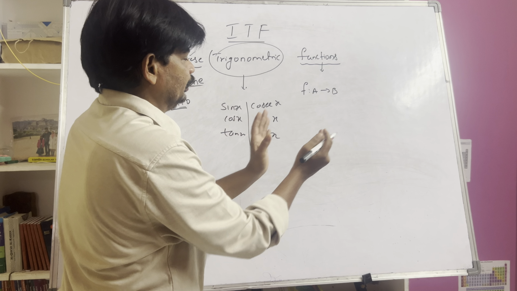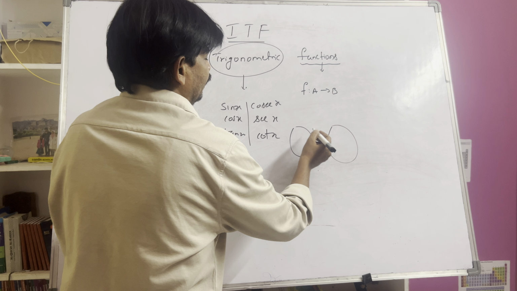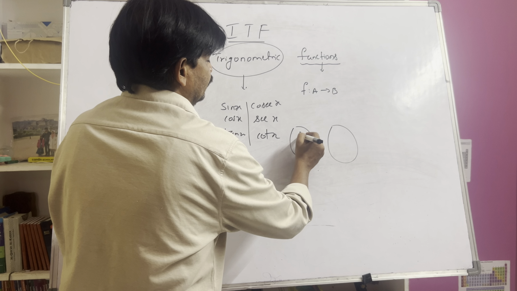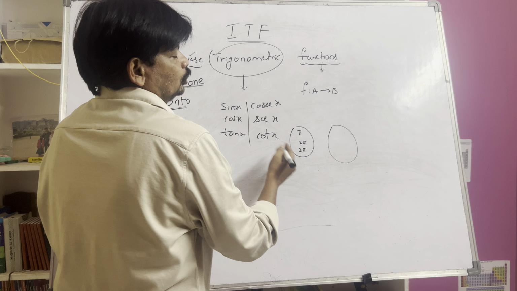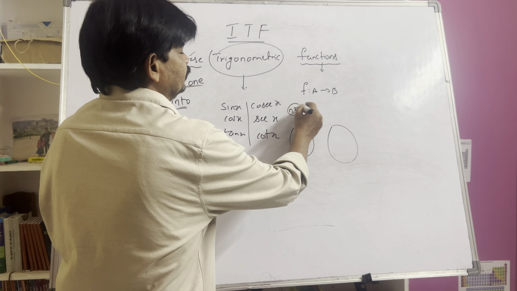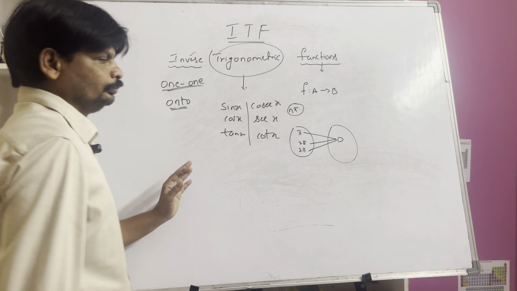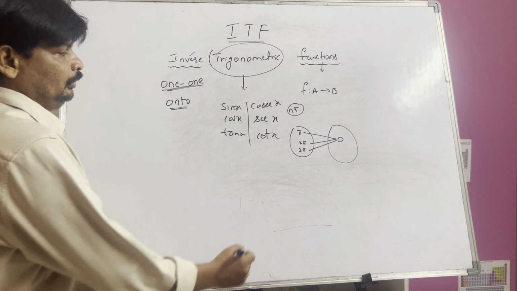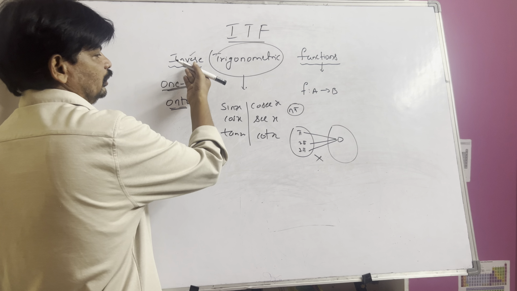For example, sin of n pi, where n is an integer, that is sin of pi, 2 pi, 3 pi, minus pi, will give the same output 0. Then it is not 1 to 1, it is a many to 1 function. If the function is many to 1, the inverse does not exist.